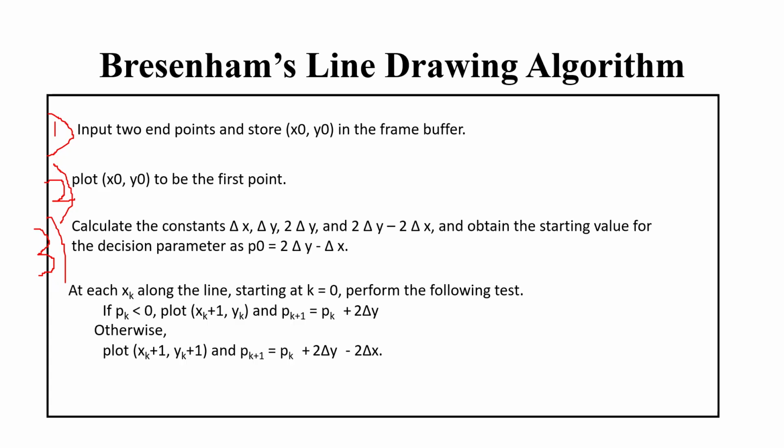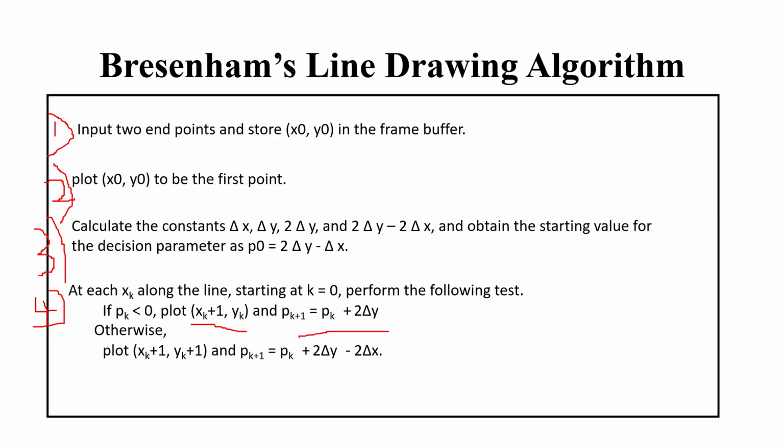In the fourth step, we need to find out which is the next point to be plotted, whether it is xk plus 1 comma yk or xk plus 1 comma yk plus 1, which depends upon the value of pk. If pk is less than 0, then this is the point to be plotted and this is the next decision parameter.